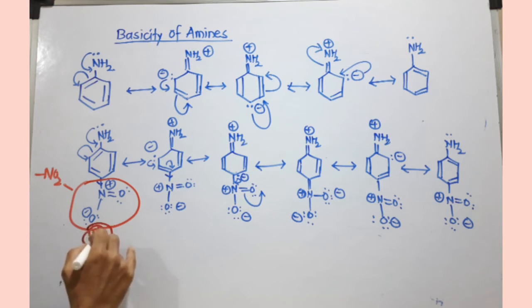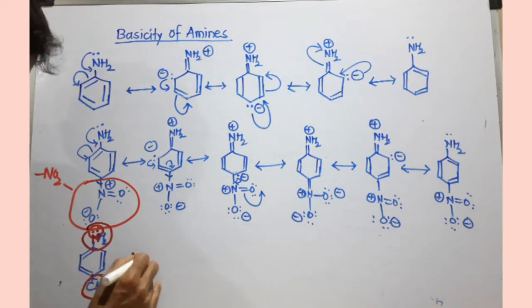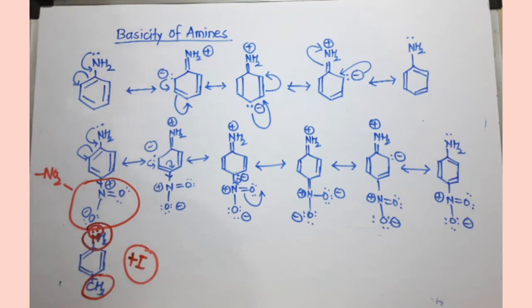If electron density is more on the nitrogen, it can easily donate that pair to another species, or it can donate to the proton. So if an electron donating group is there, there is a plus I effect, and the plus I effect increases the electron density, which increases the basicity.